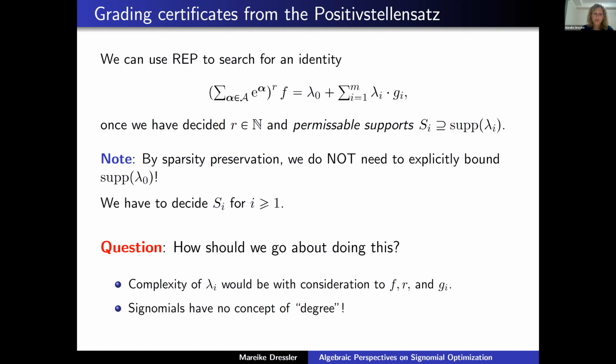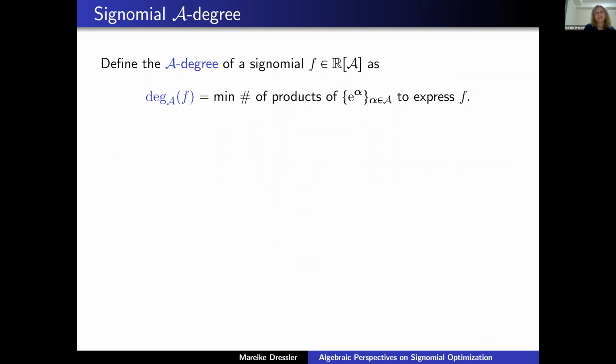And that is why we now artificially impose an A-degree on these Signomials, to have something like the degree for polynomials. Namely, we do that as follows.